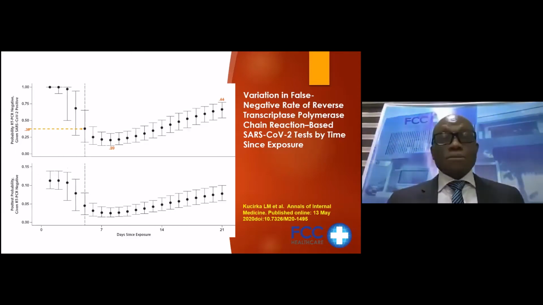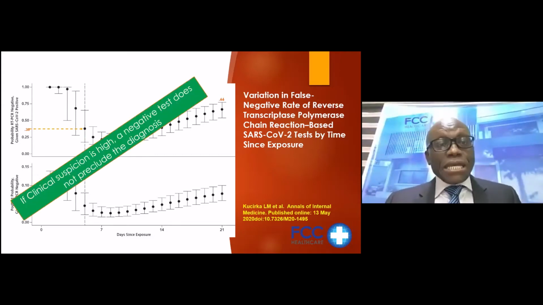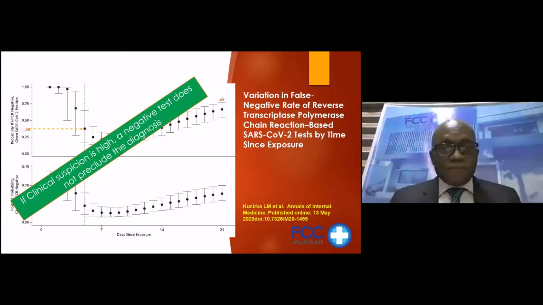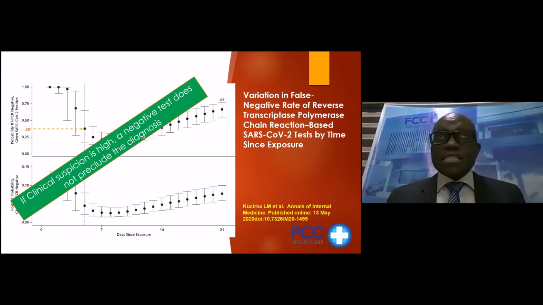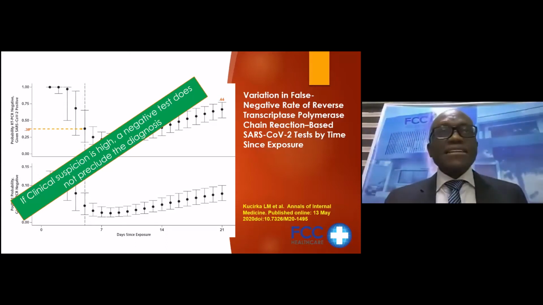In the interest of time, let me just move forward to the next. And what this means in essence, therefore, is that if a patient has symptoms, has probable cause to have COVID, do not send them home or neglect to follow them because the PCR or your antigen antibody tests show that the patient is negative, because those tests do not say you could confidently dismiss those symptoms as if they did not originate from COVID.